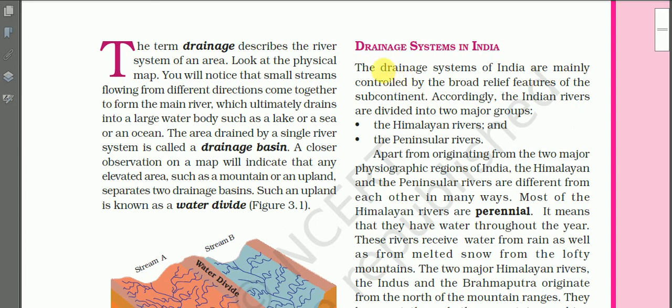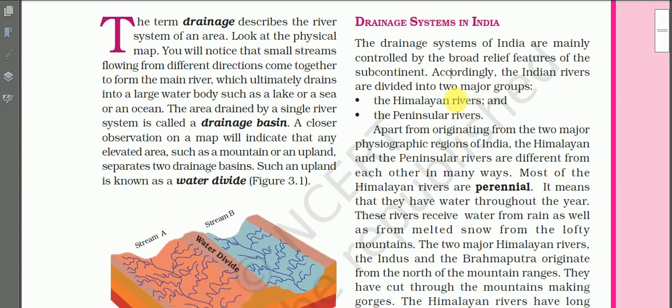So here we have another topic, that is drainage systems of India. And actually the drainage system of a country is mainly controlled by the relief features. Relief feature here means we can say landforms. Okay, so we have so many landforms in India.